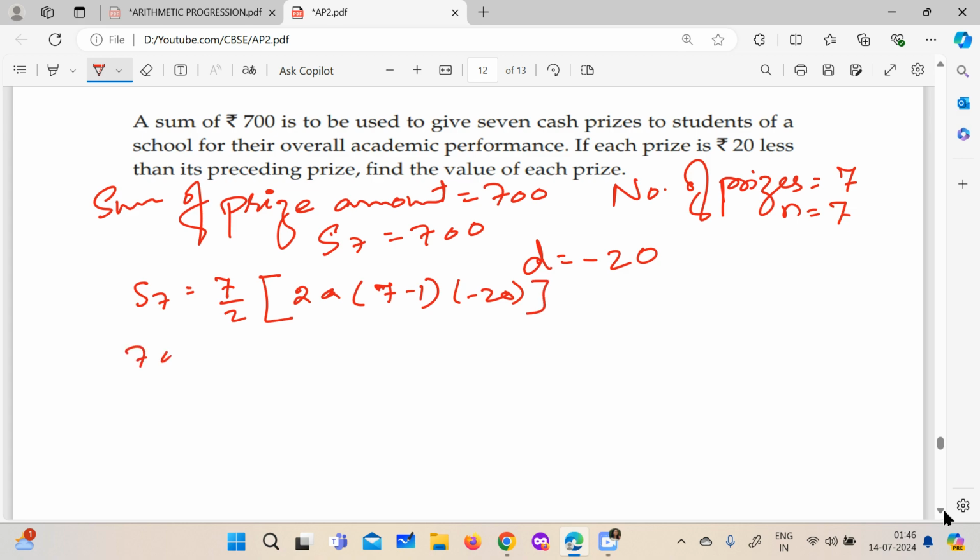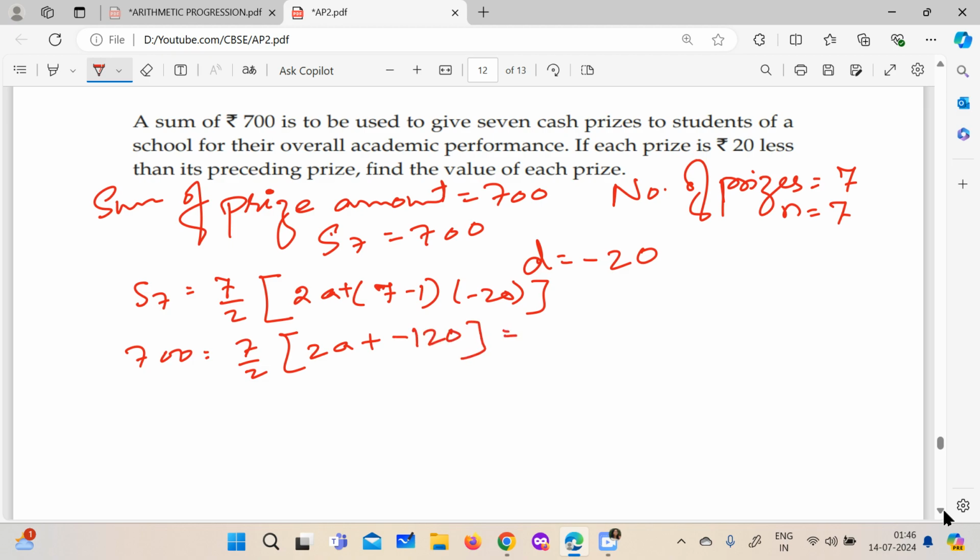Then S7 is 700, equals 7 over 2 times 2a plus 6 into minus 20, that will be minus 120.